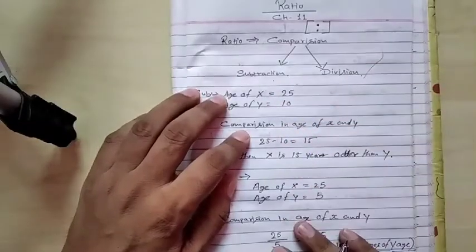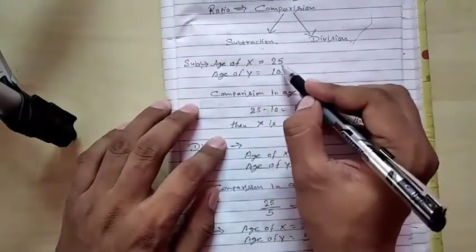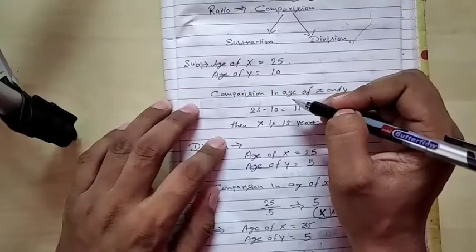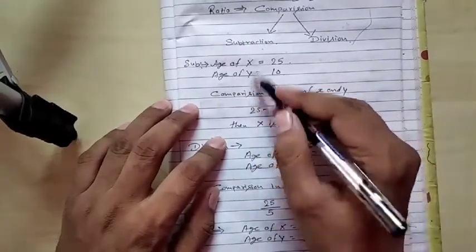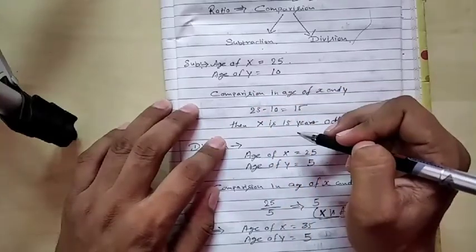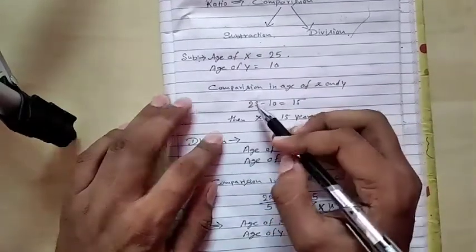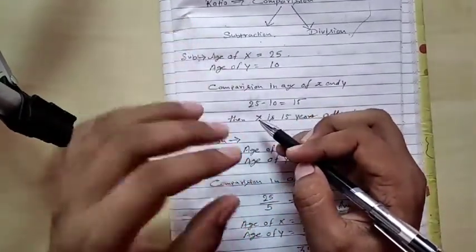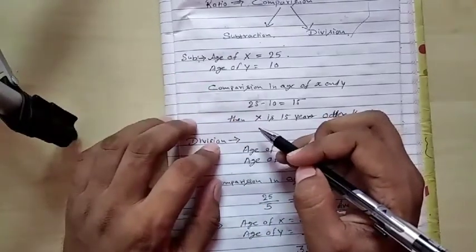I am just giving you one example here. Suppose the age of x is equal to 25 and the age of y is equal to 10, means these two people are there, x and y, and their ages are 25 and 10. So by the subtraction method, how do you compare it? In subtraction, you will just find the difference between the ages of x and y.